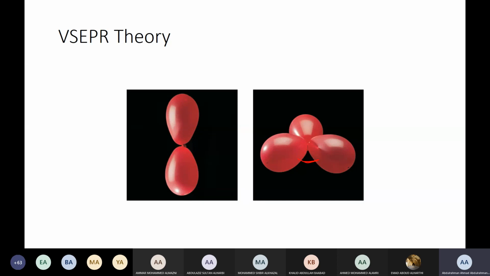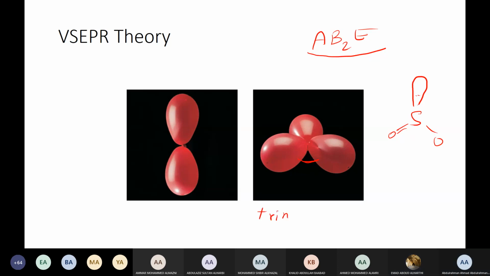For this shape, if we have something like SO2, and this is the electron domain, you should write AB2E. What's the shape of the electron domain? Trigonal pyramid? V shape? No. Triangular planar, or triangle, which is enough.